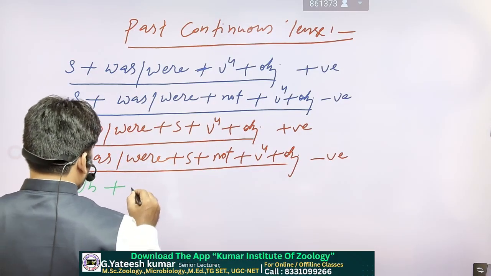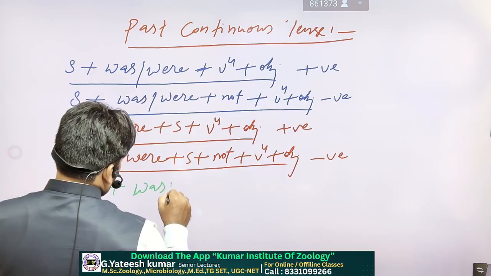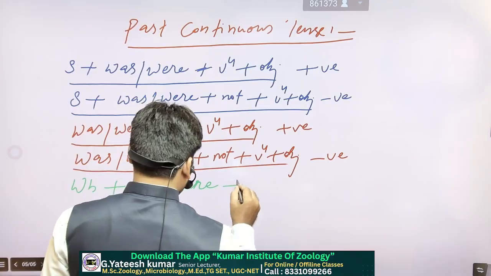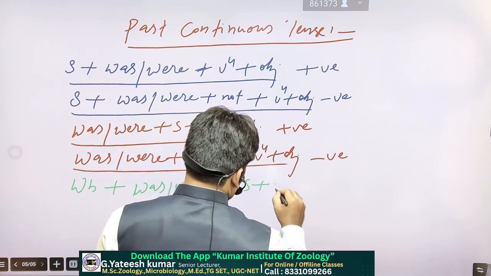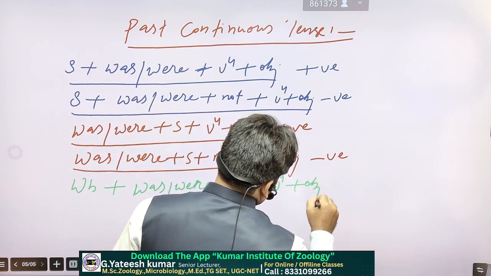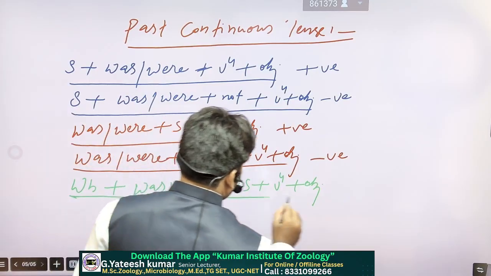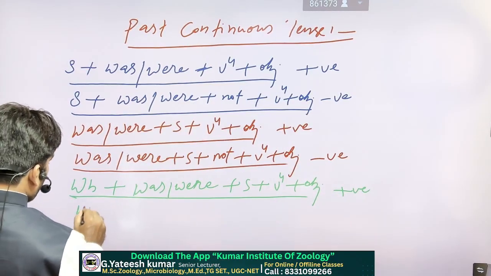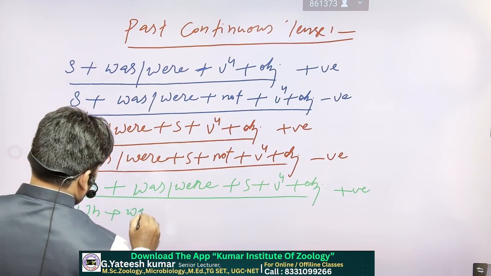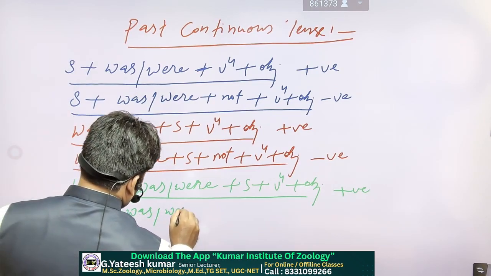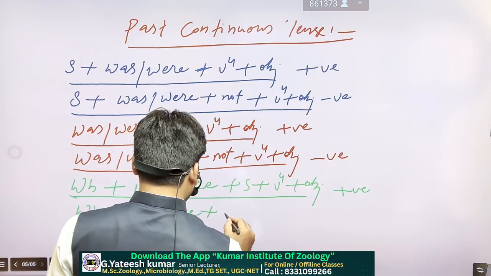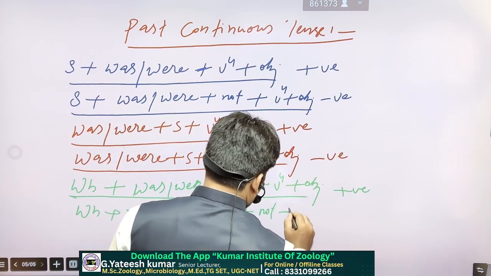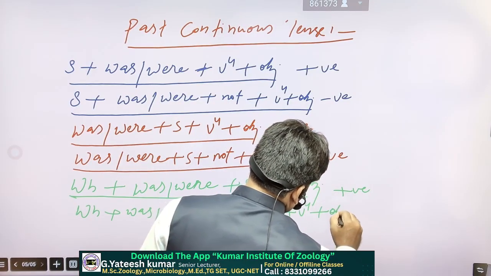Then was, were, subject, ing form, object. So this is WH questions positive. Next we can do WH questions negative. WH, was, were, subject, not, ing form, object.